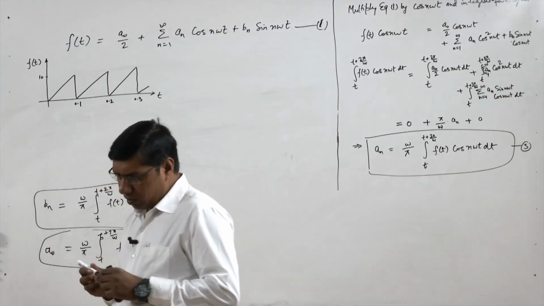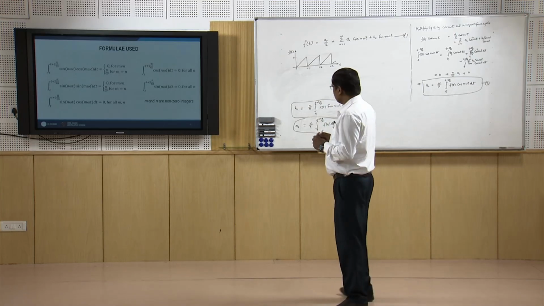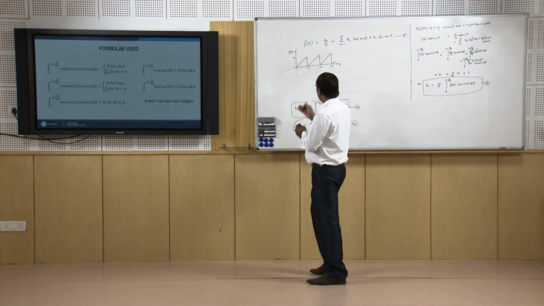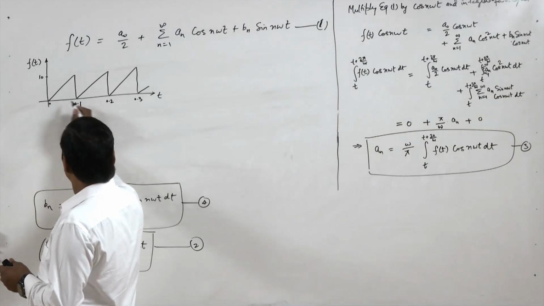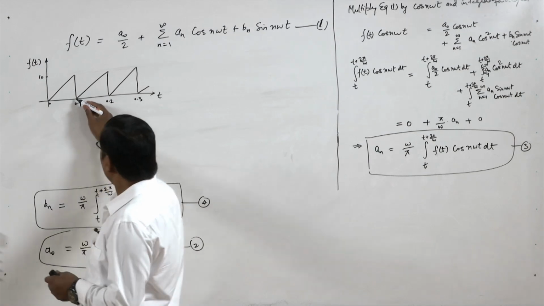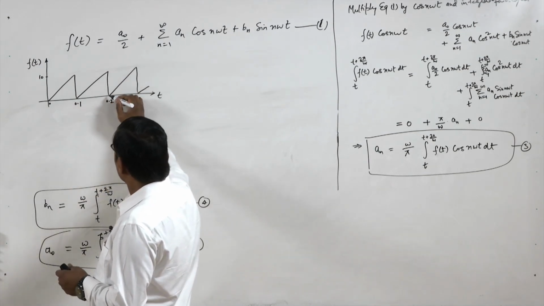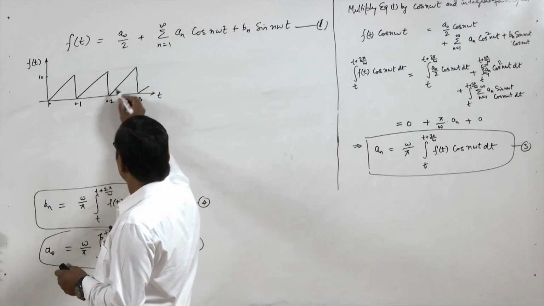In this triangular shape periodic function we see that it starts at 0, and from 0 to 0.1 is one cycle. From 0.1 there is repetition of the cycle, then at 0.2 it repeats.